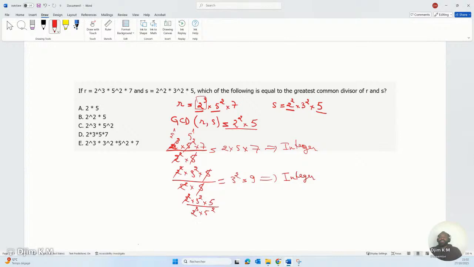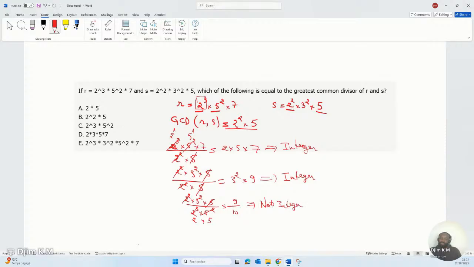So if we divide here, we will still have 2 remaining here. Divide here, we still have 5 remaining here. So this will be equal to 9 divided by 10. So this is not an integer.